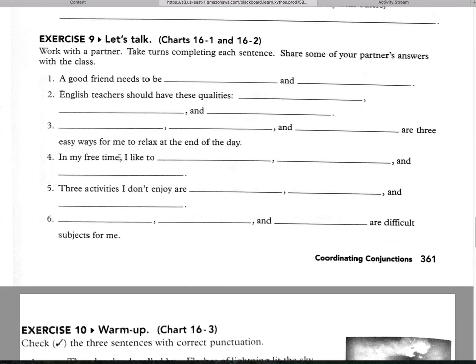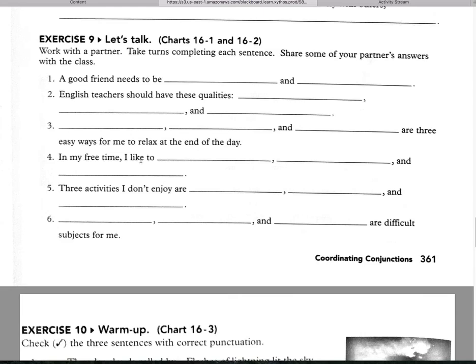In my free time, I like to blank, blank, and blank. What do you like to do in your free time? So for example, mine would be in my free time, I like to read, garden, that means work in the garden, and relax.